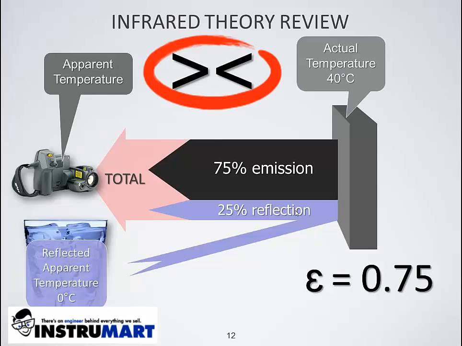Okay, let's look at a couple examples and see how this works. Let's say that we have our same target, which has an emissivity of 0.75, and let's say that the actual temperature of our target is 40 degrees C. Let's say that our source of reflection is a very large cup of ice water, which has a temperature of 0 degrees C. Now, in these examples, let's assume that we have done nothing to the IR camera to compensate for emissivity.